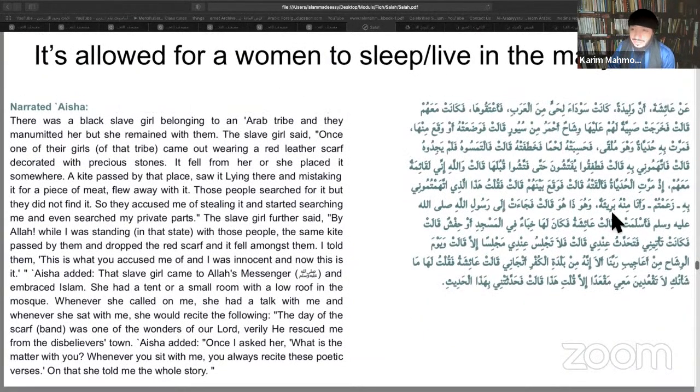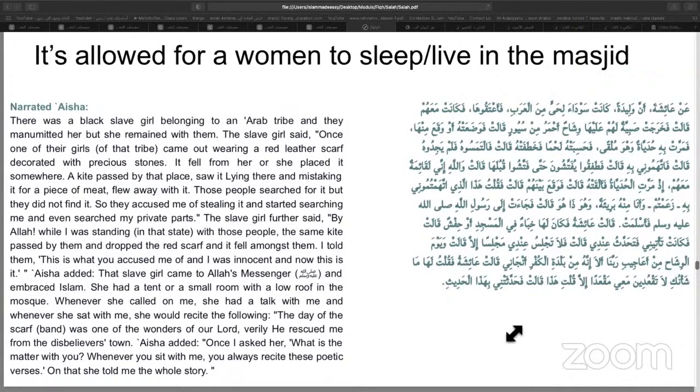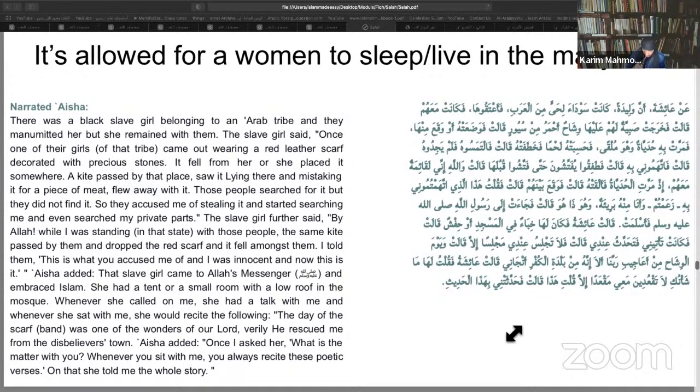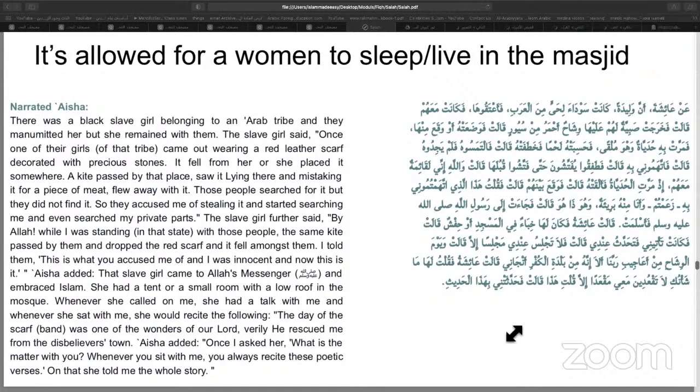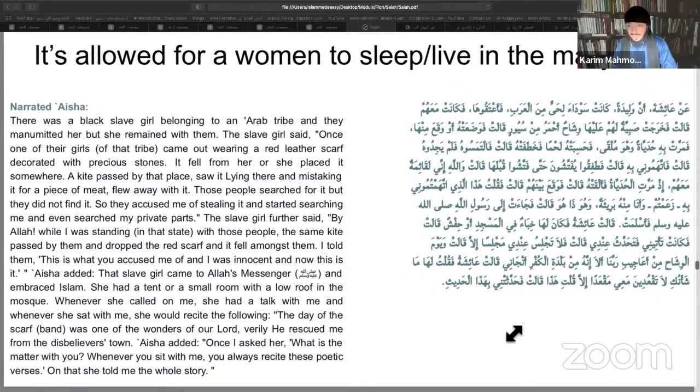Okay. Are women allowed to be in the masjid when they are on their menses? If they are on their menses, are they allowed to be in the masjid? I think not allowed. You said not allowed. Okay. What do you say? I think yes. Well, it's a matter of difference among the scholars, but there is no clear hadith, Quran or Sunnah that indicates that women are not allowed to be in the masjid if they have their menses.